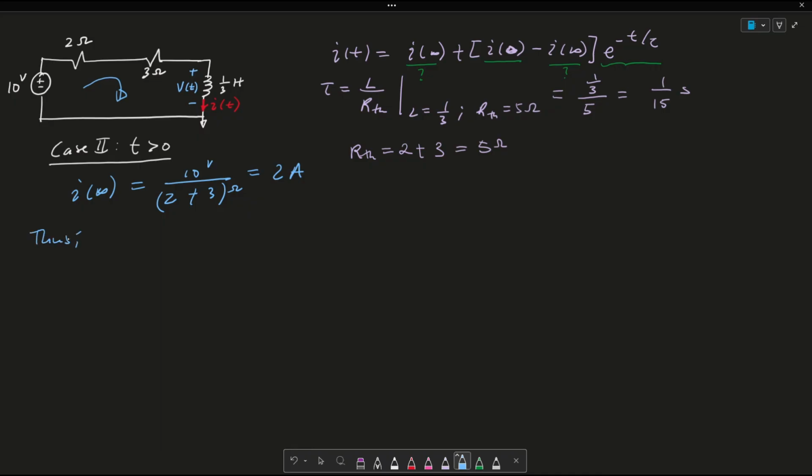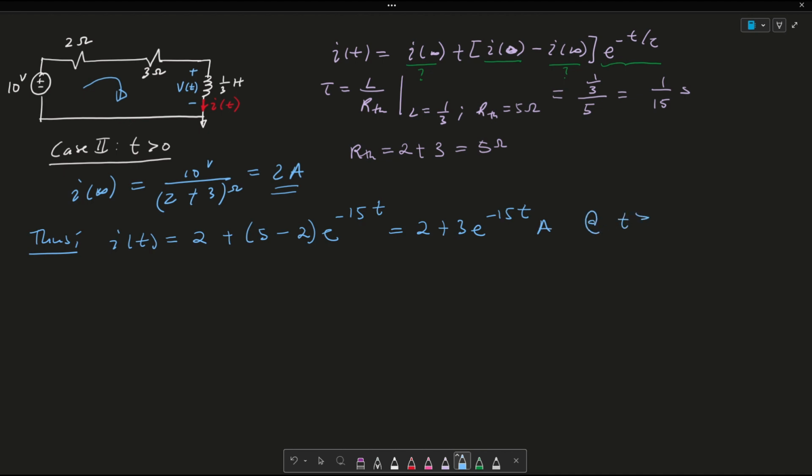Thus, what do we have? We have I(t) equal to 2 from here plus 5, which is my initial condition, minus 2, times e to the minus 15t, which is equal to 2 plus 3e to the minus 15t amps.